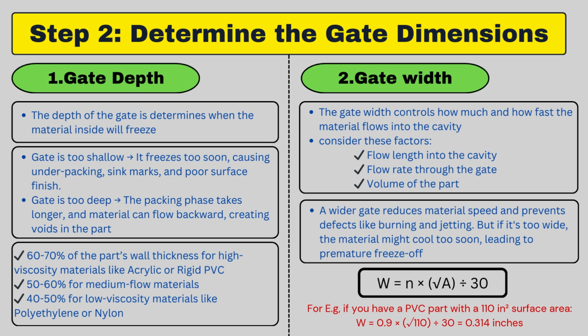For example, for a PVC part, suppose the surface area is 110 square inch, and I have taken 0.9 as the material constant, and you will get the gate width of about 0.314 inch. This formula is not exact, but it gives a great reality check.